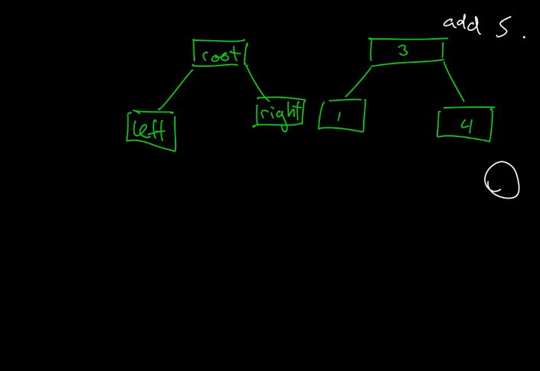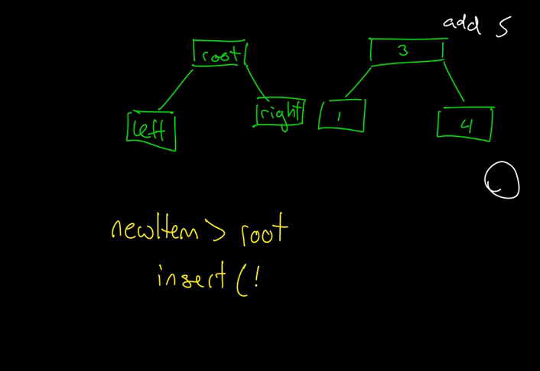So using that logic, when you add an item, you simply have to check whether this new item is bigger than the root. Well, if it is, then you just add it into the left tree.